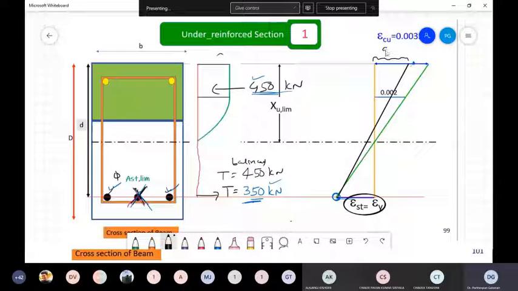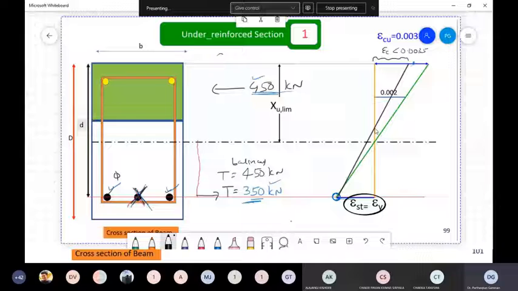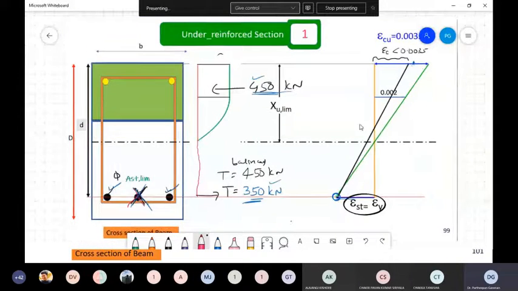This is epsilon C, which will be less than 0.0035. Now, if you see here, where is the zero strain? Zero strain is here. So here my zero strain has become here, and this has become XU now.